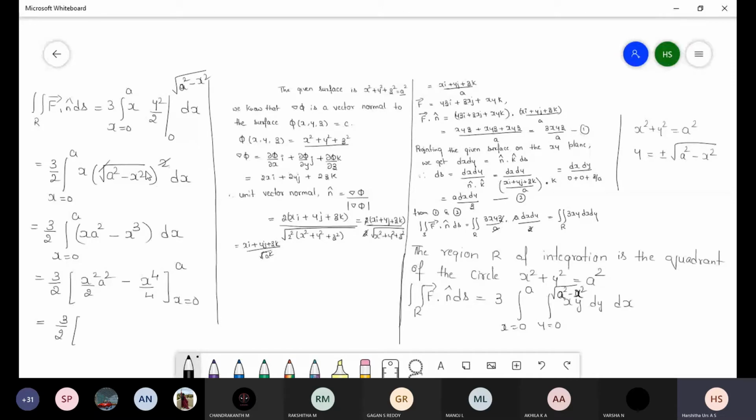So a square into a square means a power 4 divided by 2 minus a power 4 divided by 4. So I will write 3 by 2 as it is. I will write the LCM 4. So 2a power 4 minus a power 4 is a power 4. So we get 3a power 4 divided by 8 is the answer. 3a power 4 divided by 8.